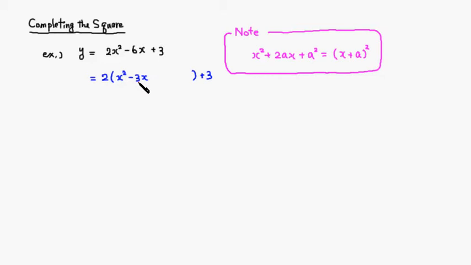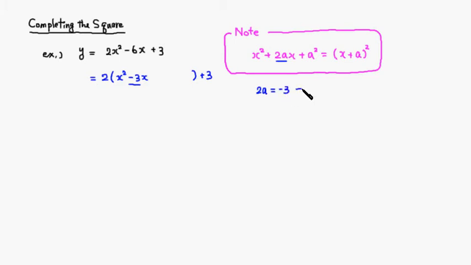So look at this. Let's compare. We have x squared, we have x squared. You have a negative 3x, so this is 2ax. We know that 2a in this case corresponds to negative 3, so this is equal to negative 3.